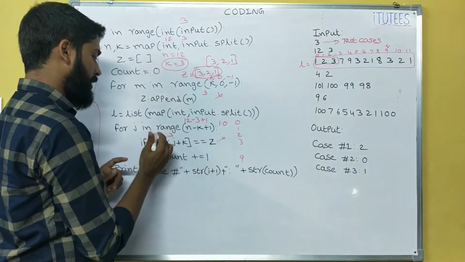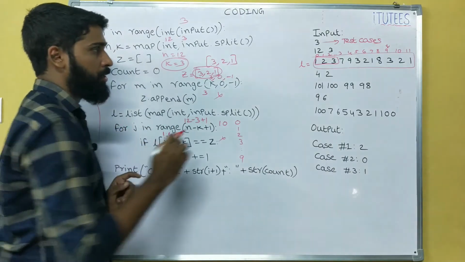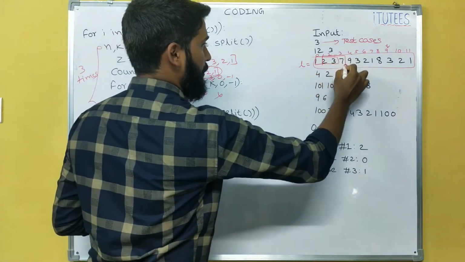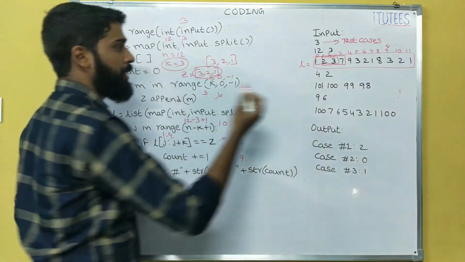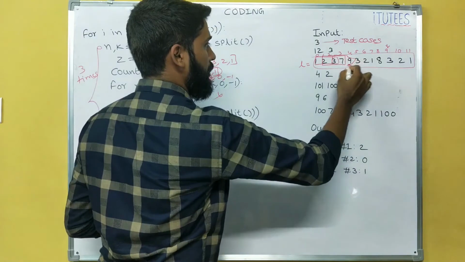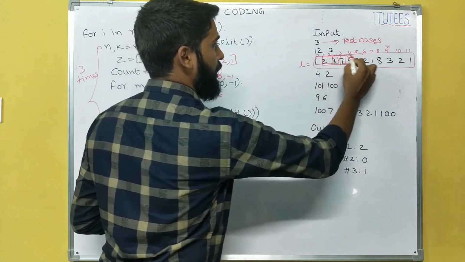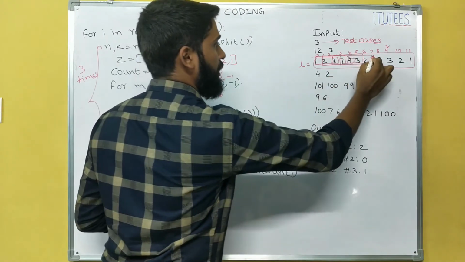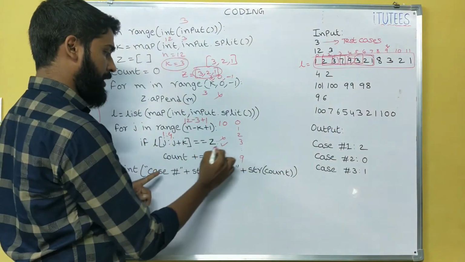Now j becomes 1, and this becomes 4. In the next iteration we are comparing these three. Equals? No. Next iteration, not equal. Next iteration, 7 9 3. Next iteration, 9 3 2. Next iteration, 3 2 1. Yes, it equals z. It is true.